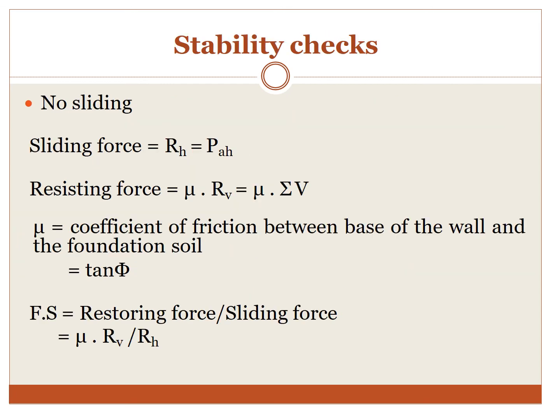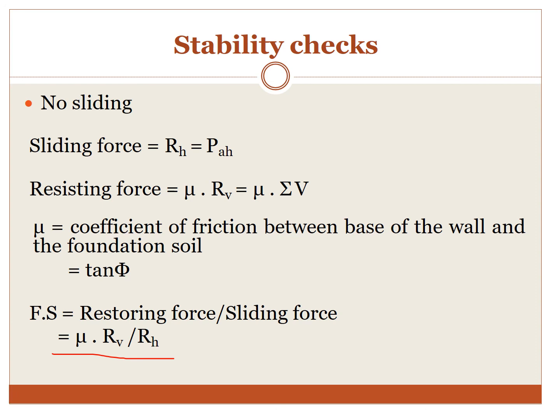So the first stability check is no sliding. The wall must be safe against sliding. In other words, the resisting forces and the sliding forces must be equal. Where RH and RV are the horizontal and vertical components of the resultant R respectively, and the factor of safety against sliding is given by this, which is restoring forces divided by sliding forces.